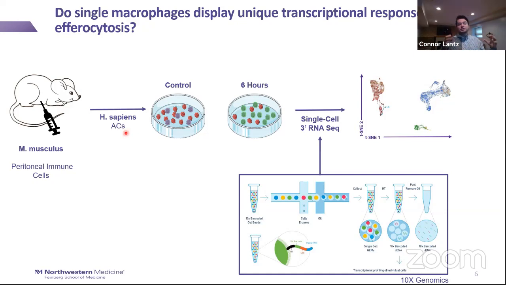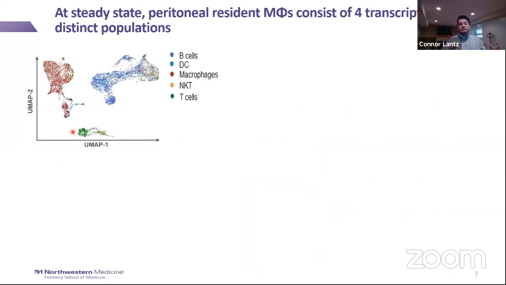Having these two cells from two different organisms allows me to identify mRNA transcripts from the immune cell and potential mRNA transcripts from the apoptotic cell that are passenger mRNAs that get incorporated into the immune cell's transcriptome. After 6 hours of efferocytosis, I collected my cells and performed single cell sequencing. Through this process, we were able to sequence over 8,000 cells across all of our conditions.